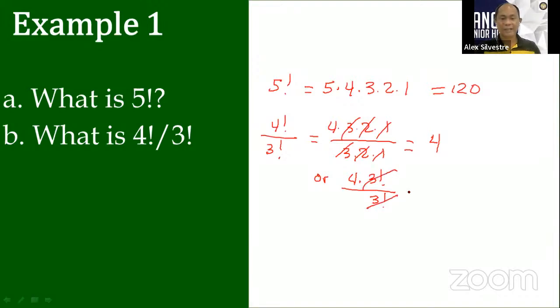What remains there is also equal to 4. So that will be the concept on how to divide factorial notations. Okay, these are different, guys, especially when the given is a whole number compared to factorial notation. Okay, do you get it? Did you understand the letter A and letter B?